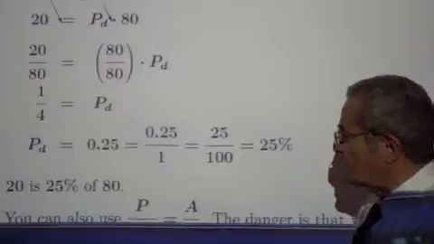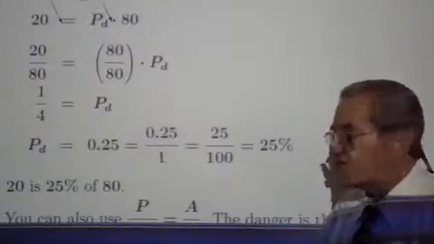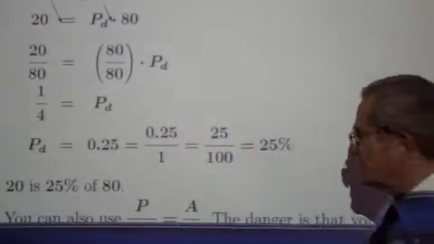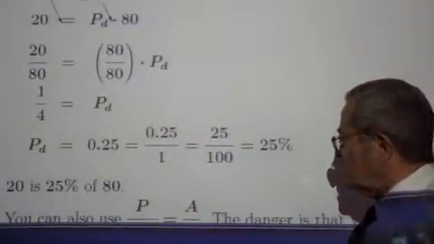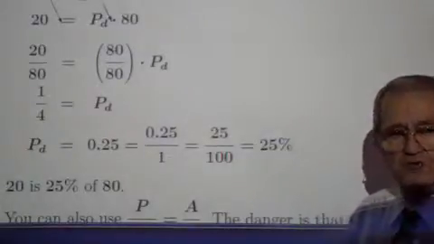So 3 problems with the same 3 numbers but in different positions. And the is and the of were key words. They kept me straight. Now you could also have used a ratio like I mentioned earlier.